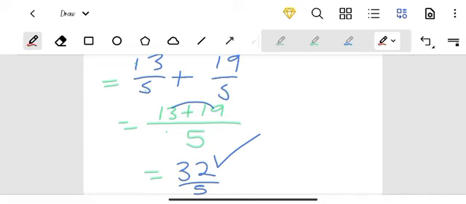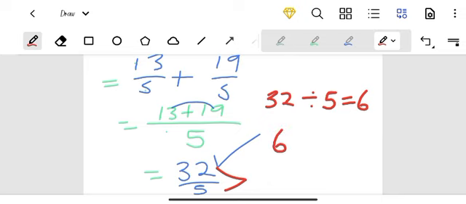So if you're supposed to change that into a mixed fraction, you can simply say 32 divided by 5 is equal to, so let's see, 5, 10, 15, 20, 25, 30. So it's 6. So it's going to be 6 whole number. 5 times 6 is going to be 30.